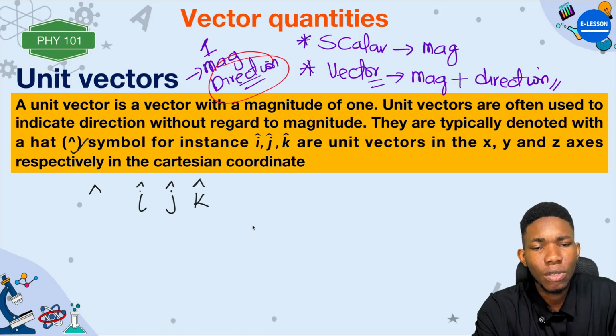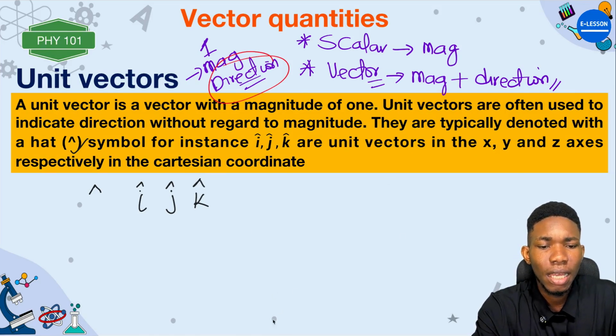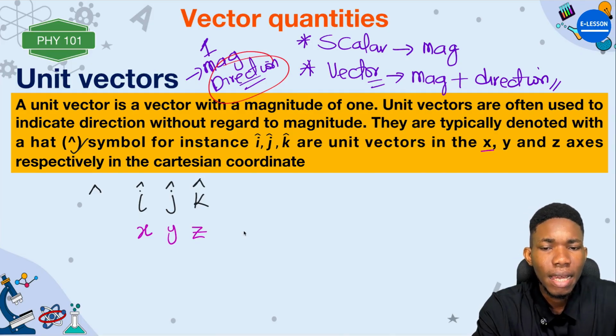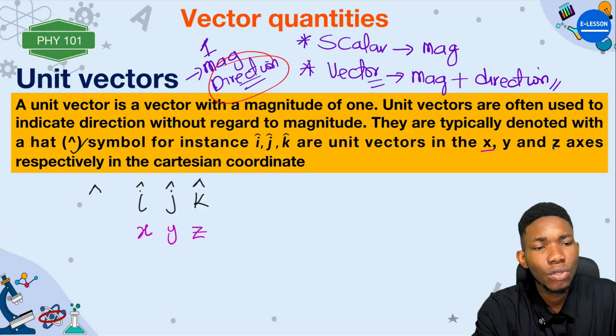These are unit vectors. These vectors are in the direction of x, where i is for the x direction, j is for the y direction, and k is for the z axis. Is that okay? These are the standard unit vectors. i, j, k are the standard unit vectors.